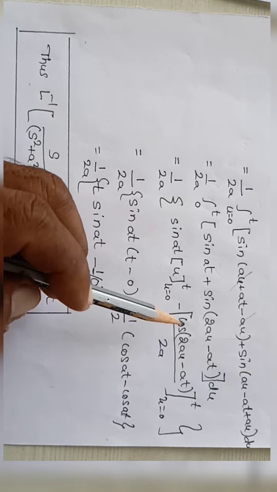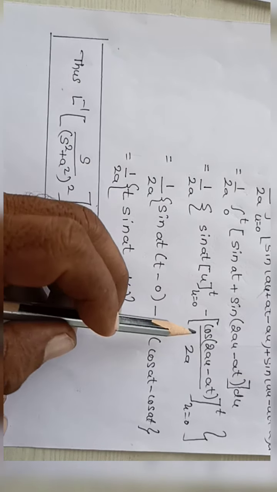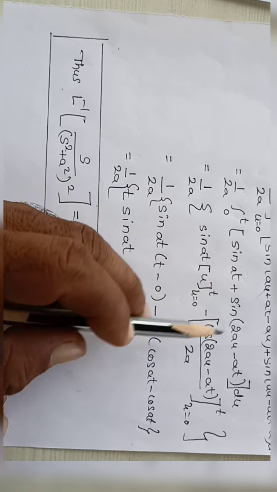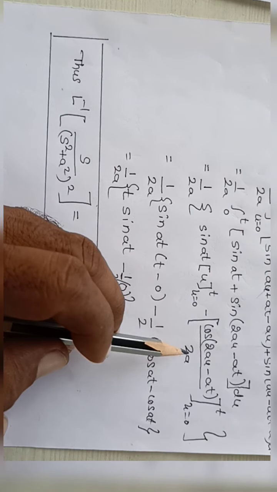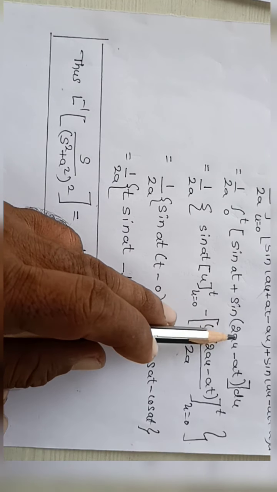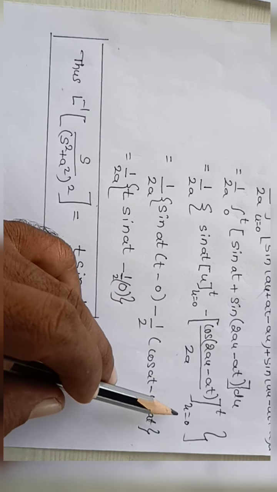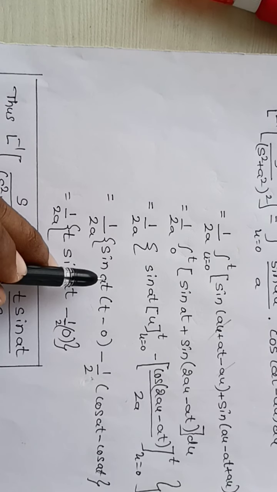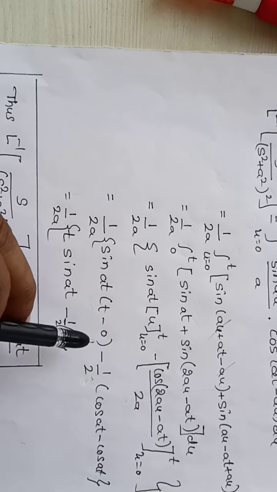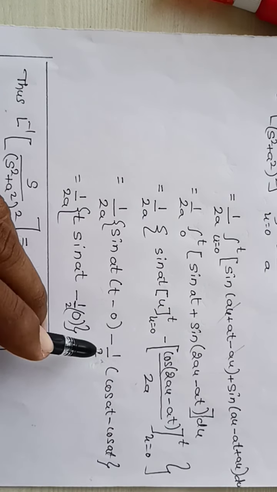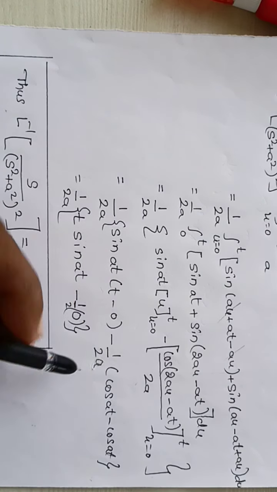Next here minus, integration of sin is minus cos of 2AU minus AT divided by 2A, this term in the denominator. So the limit is 0 to t. 1 upon 2A sin AT, inserting the limit t minus 0, minus 1 upon 2A.